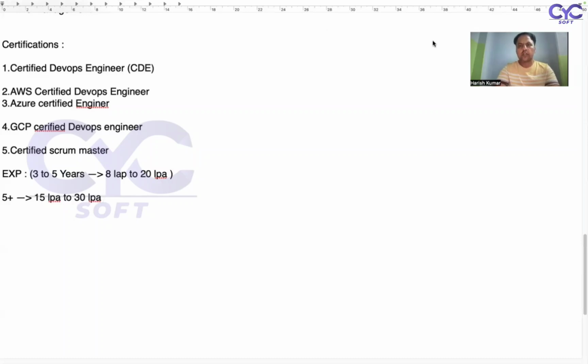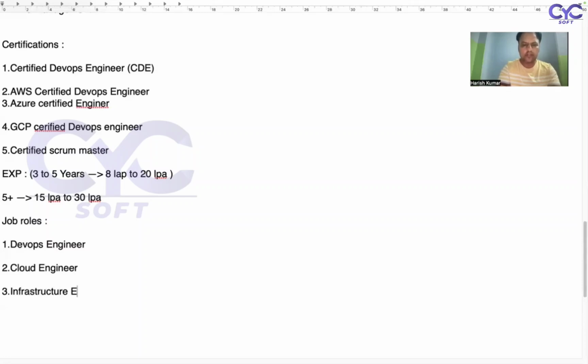Okay, now next we are going to look at job roles. What kind of job roles do you have in DevOps? The first one is DevOps Engineer. The second is Cloud Engineer. Third, Infrastructure Engineer.